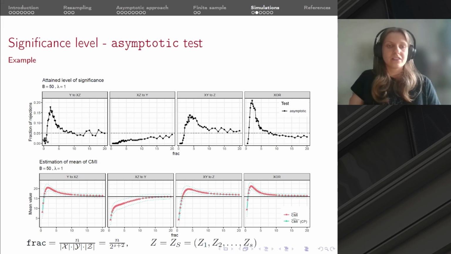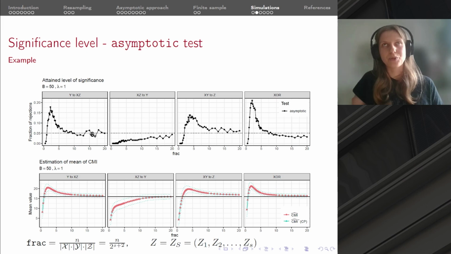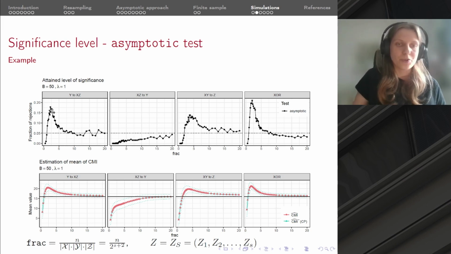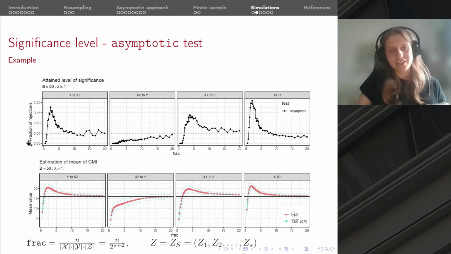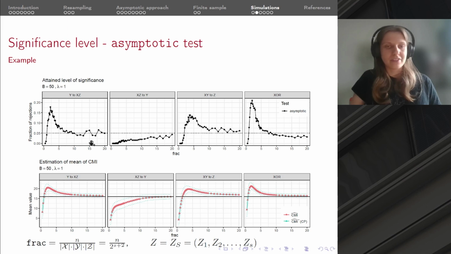And now the top panel shows you the problem with the asymptotic test. We exceed the significance level for small sample sizes. In fact, the x-axis means more or less how big the sample size is.